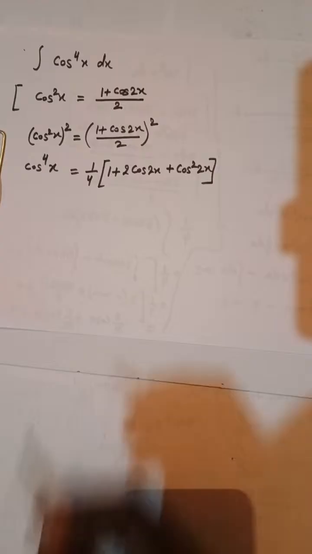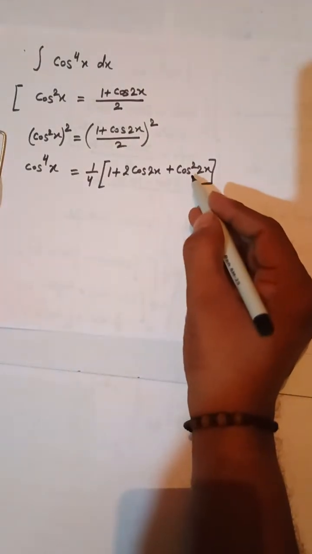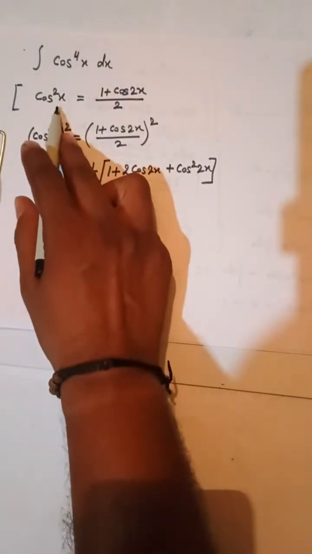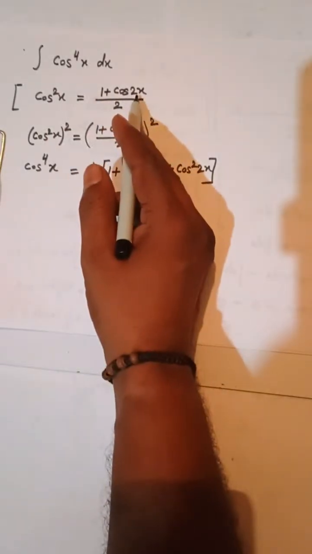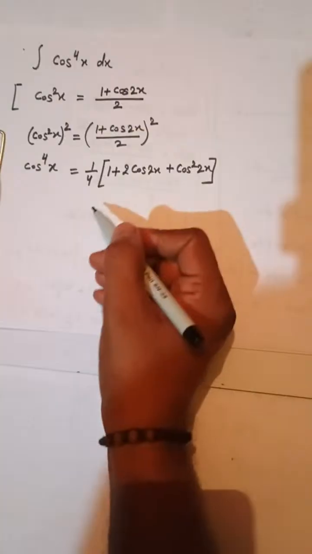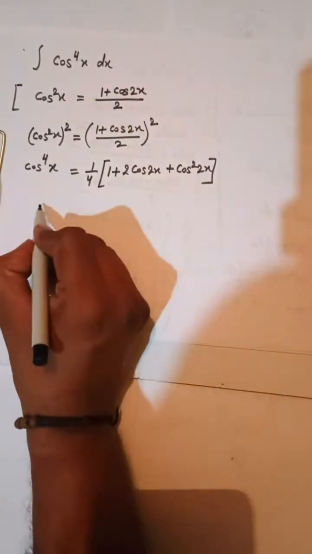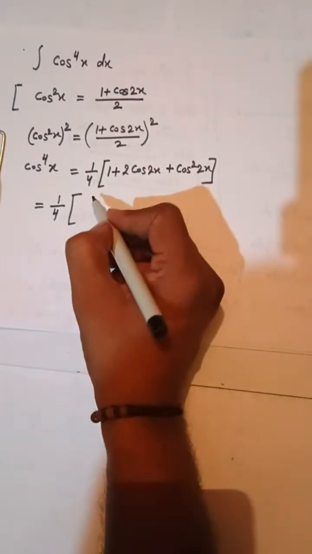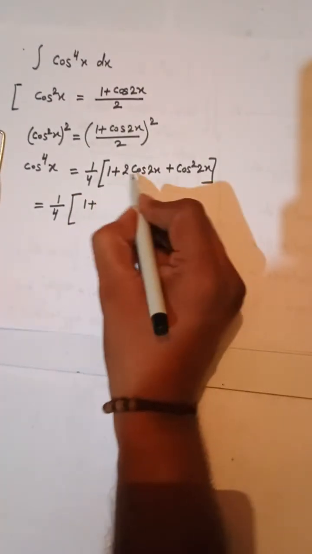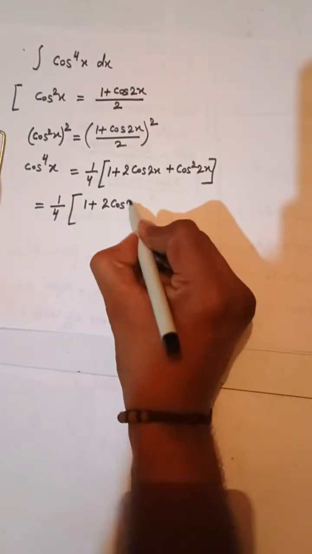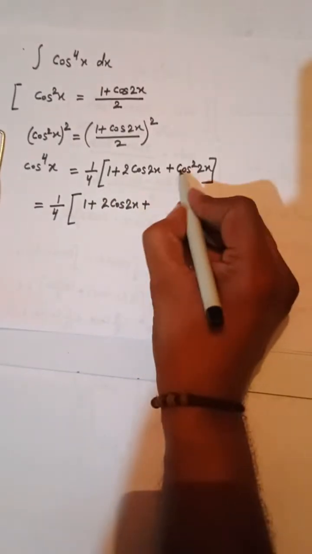Okay, so now this cos square 2x you are getting here should be further calculated based on this. Here single x is there, then 2 times of x, so I need to put 4 times of x. Okay, let's do here 1 by 4, and then I have here 1, and then 2 cos 2x, I'm writing the same thing, and then cos square 2x.